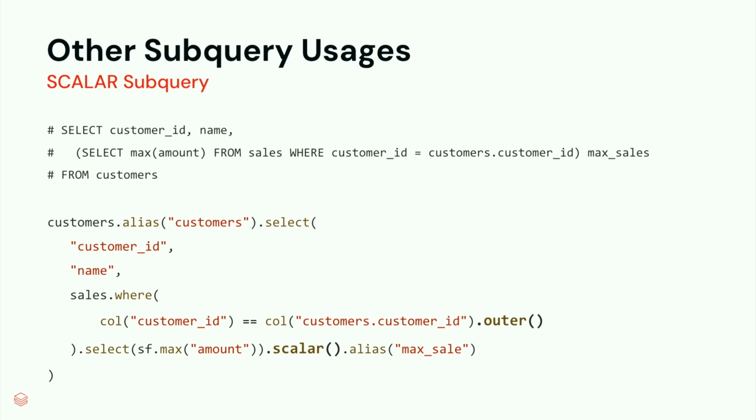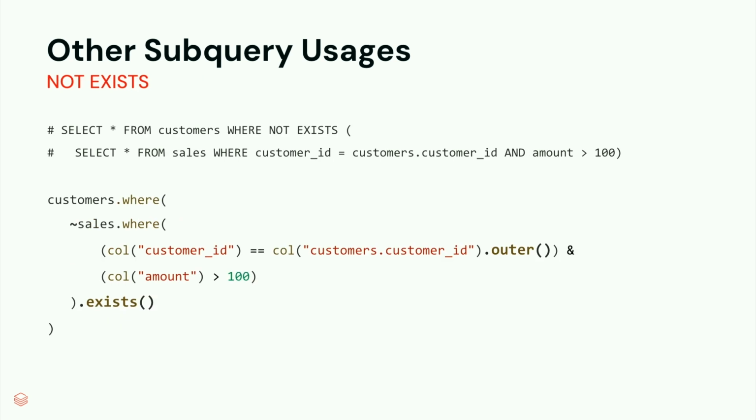Beyond exists, the DataFrame API supports a few more subquery styles, as I mentioned before. First, scalar subqueries using .scalar. This extracts a single value from a subquery, just like the SQL above. Second, you can express not exists using the tilde, not operator, with .exists.